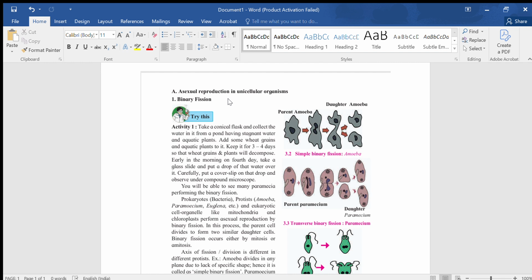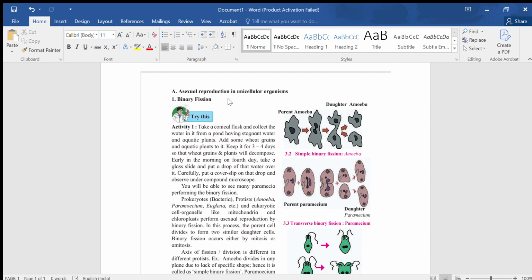As we know, prokaryotes like bacteria, protists like amoeba, paramecium, euglena, and eukaryotic cell organelles like mitochondria and chloroplast perform asexual reproduction by binary fission.